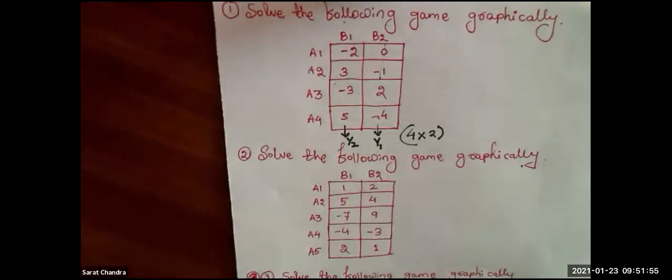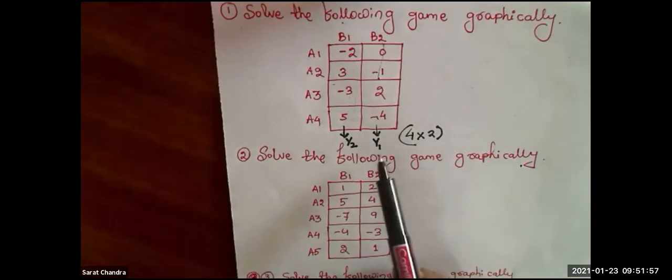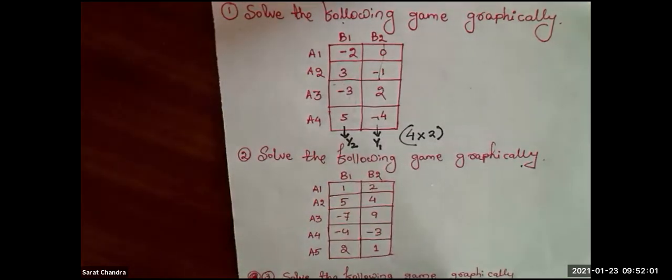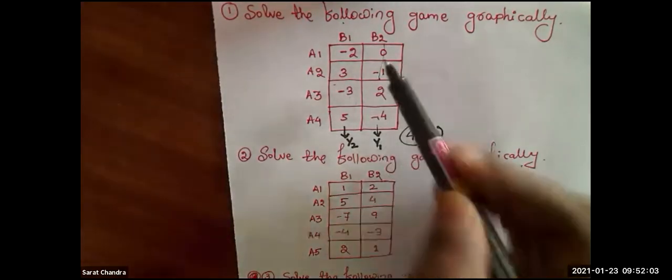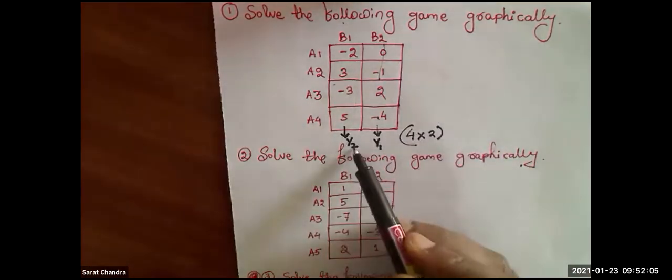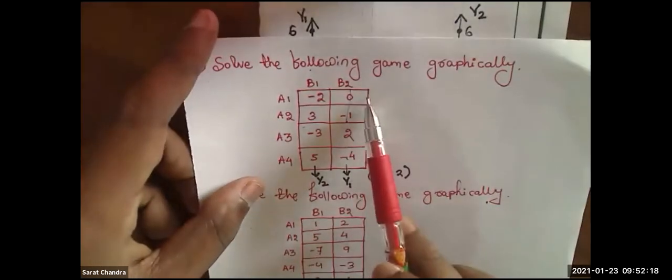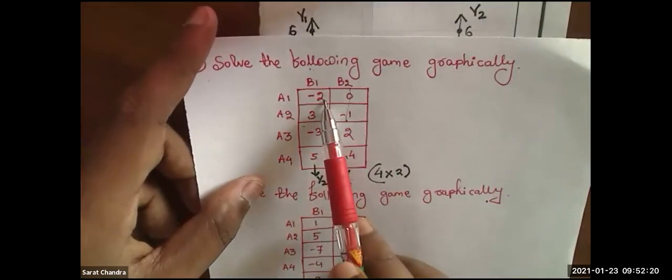Now we have to identify the points. I have taken this as y1 and this as y2. So what is the point? In y1 the point is 0. In y2 the point is minus 2. Where is this point? y1 0, y2 minus 2.